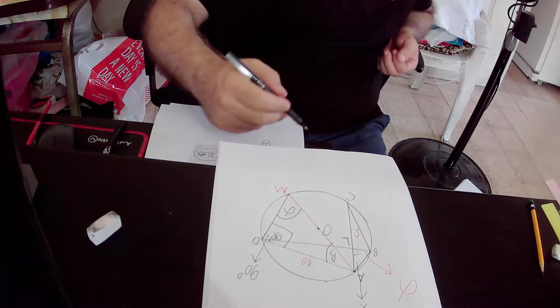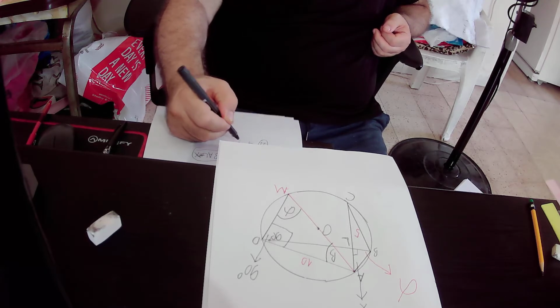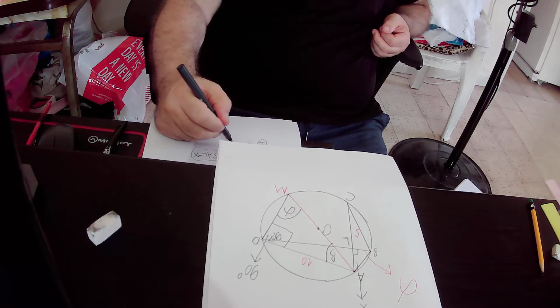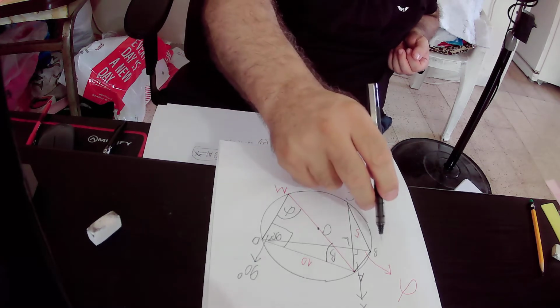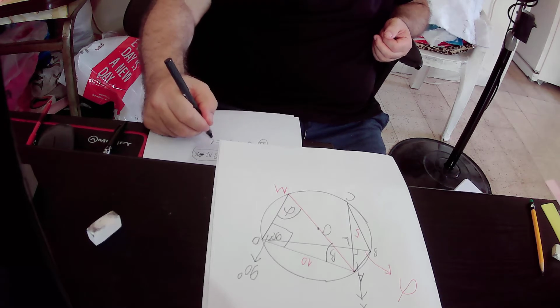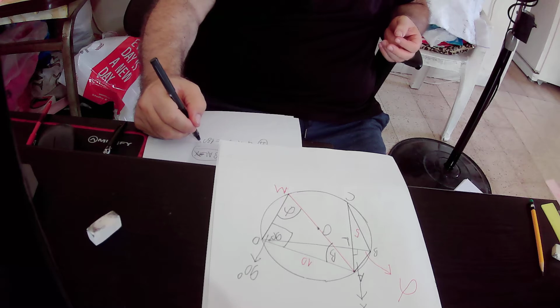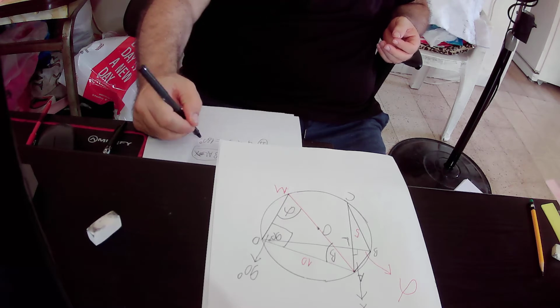So I will write it down. Alpha plus x plus 90 degrees, that is the sum of the angles in the right triangle ABL, equals 180 degrees. As I already told you, it is true for every triangle in the world, and especially the right triangle ABL.